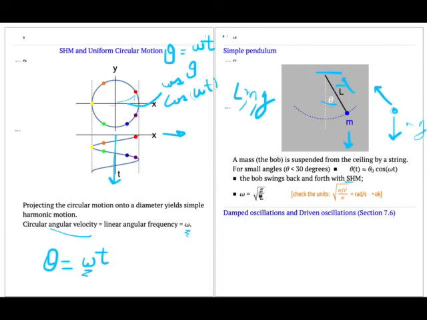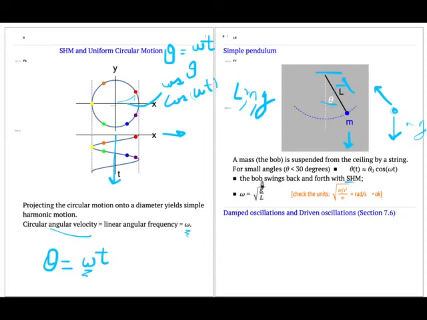So for stronger gravity, you'd have a higher frequency. For weaker gravity, you'd have a lower frequency. If you took this pendulum to the moon, and don't change anything but just take it to the moon, gravity is weaker, the frequency of oscillation will be slower.